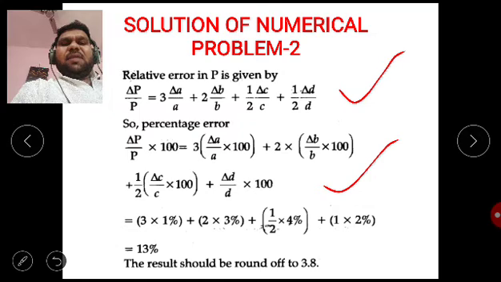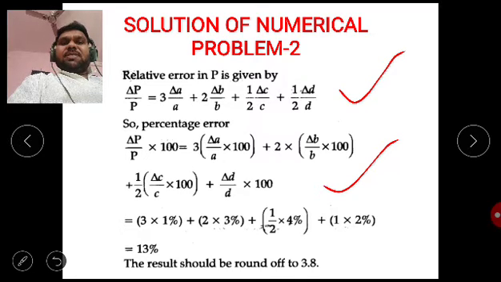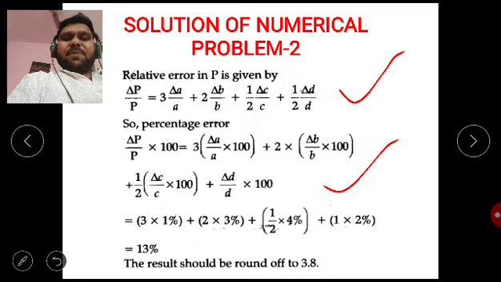Now we are given the percentage error in A, B, C and D. Percentage error in A is 1%, percentage error in B is 3%, percentage error in C is 4% and percentage error in D is 2%.